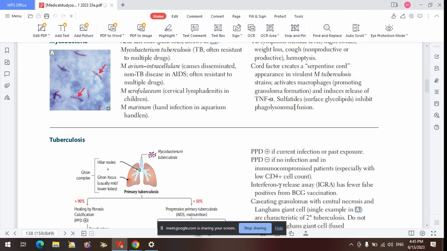Do you guys remember another condition that is associated with inhibition of phagolysosomal fusion, making those individuals predisposed to developing tuberculosis? Anybody? Is it the lack of complement C5? No. Is it sarcoidosis?